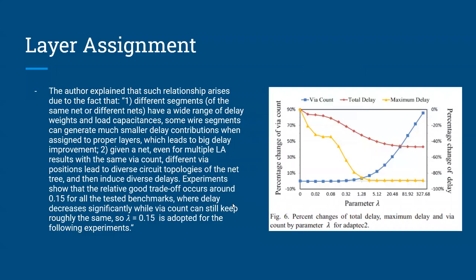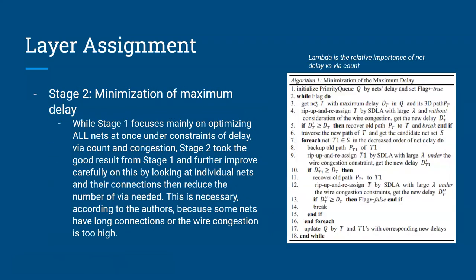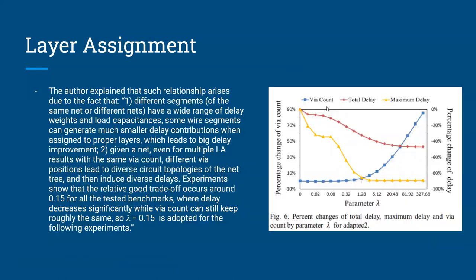Also, the authors provided a graph of the relationship between the via count and the delay reduction, and this relationship is a function of the parameter lambda. And previously here, lambda is the relative importance of net delay versus via count, and it is looked at as a trade-off.